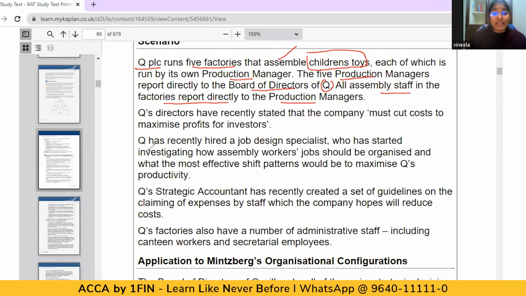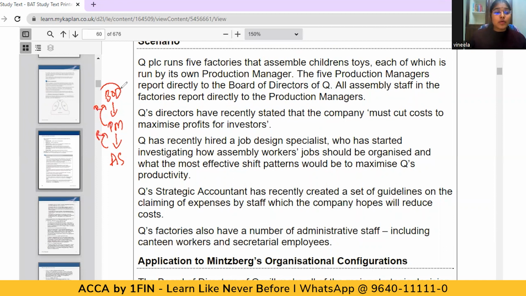See the hierarchy: the top is the board of directors, then the production managers, then the assembly staff. Assembly staff report to the production manager, who reports to the board of directors.